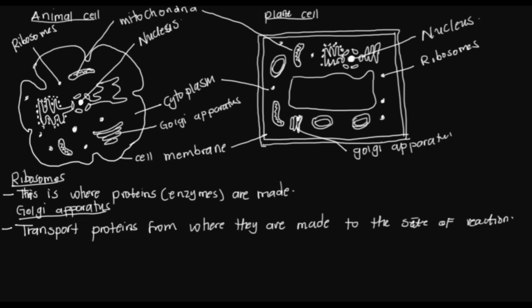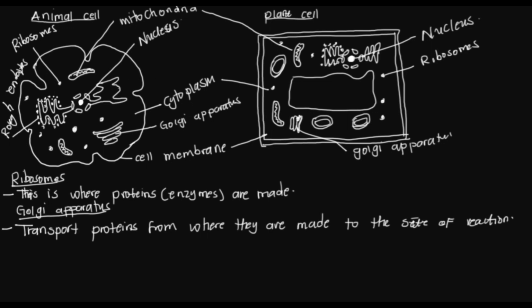Then from there, we can also look at the endoplasmic reticulum. Now, there are two types of endoplasmic reticulum. The one surrounded with ribosomes is known as rough endoplasmic reticulum.